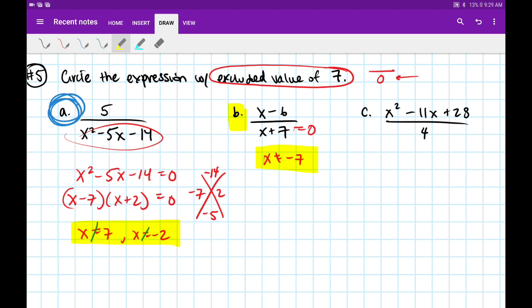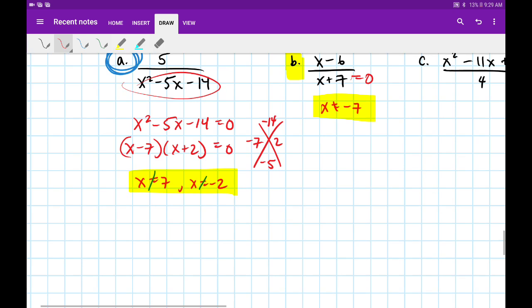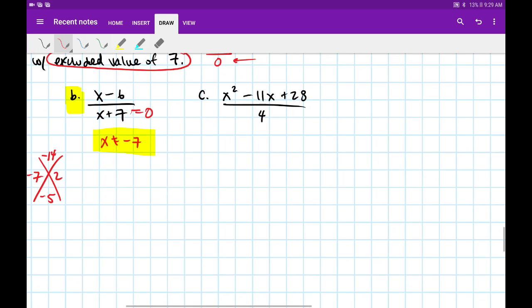And then finally, let's look at C. For C, there is no x in the denominator at all, right? There's not an x down there. So no matter what I plug in for x, I can never make my denominator equal 0 because my denominator is always going to be 4. So for this one, we have no excluded values.